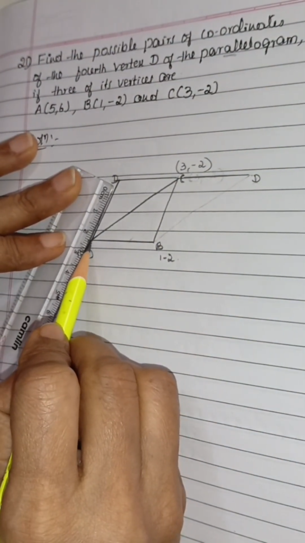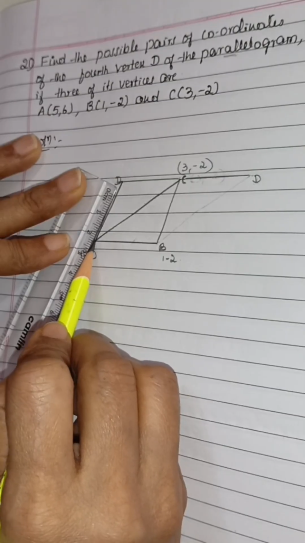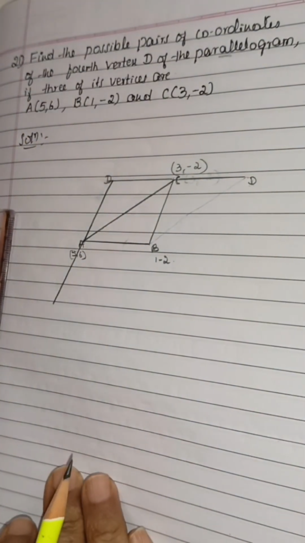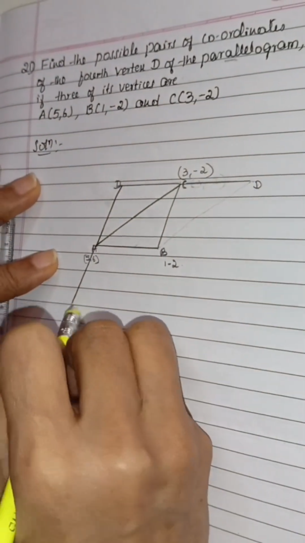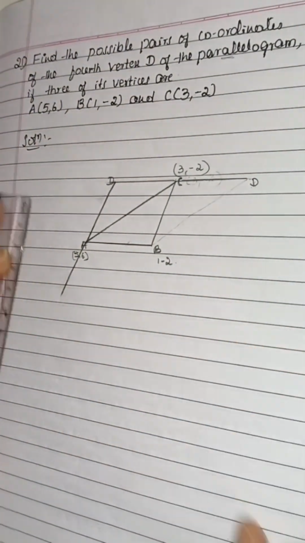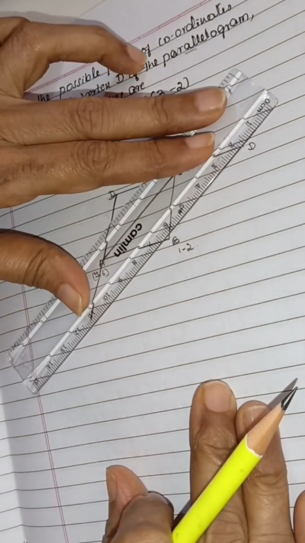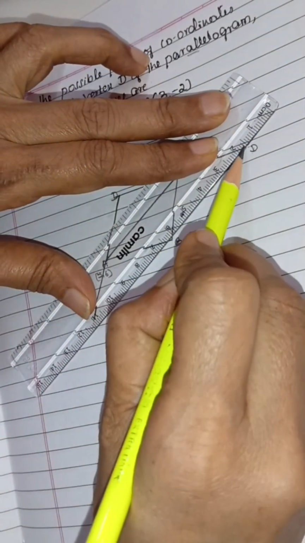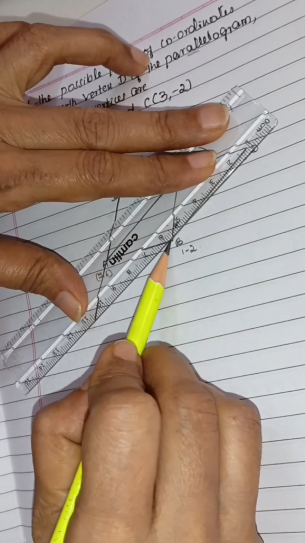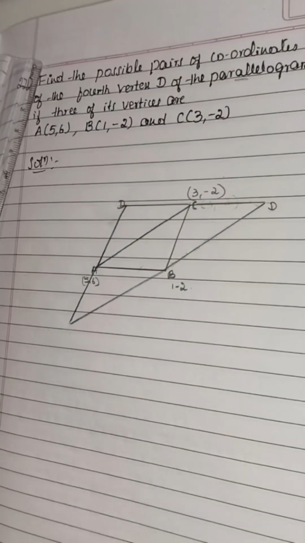Here also there is a possibility for the location of vertex D. Now join this so that you understand it.